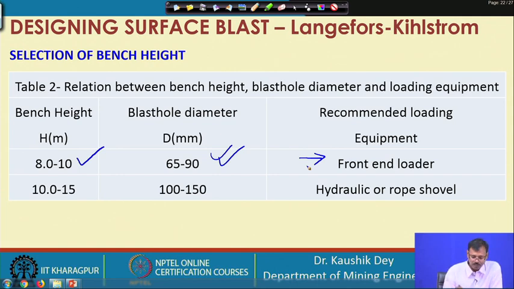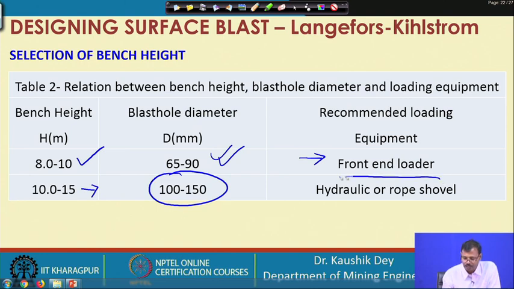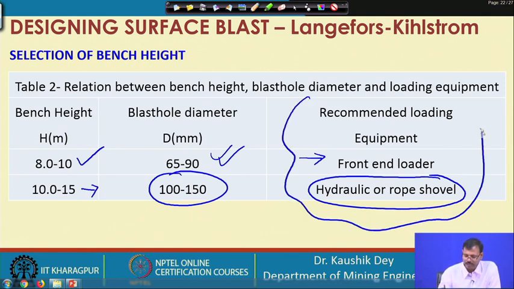However, in case of a little bit larger bench height, we have to select a little bit larger blast hole diameter, then the shovels may be a good equipment for the loading machine. However, this is the practical easiness of the handling of the material.